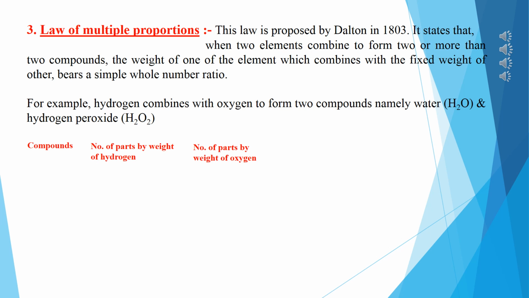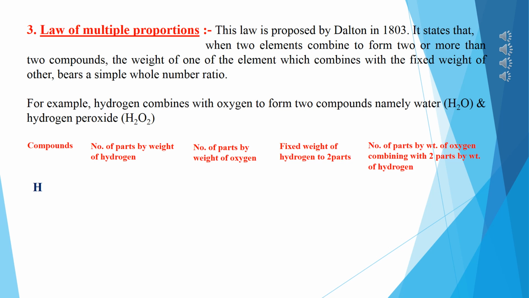Let's suppose in this example we fix the weight of hydrogen to 2 parts, and last we have to find out the number of parts by weight of oxygen, the other element, combining with the fixed part, that is 2 parts by weight of hydrogen. So in this example, our first compound is water.